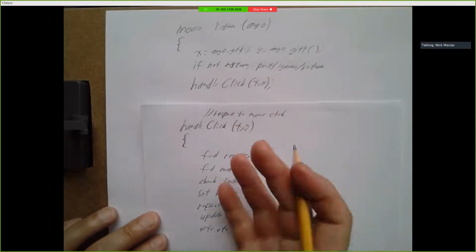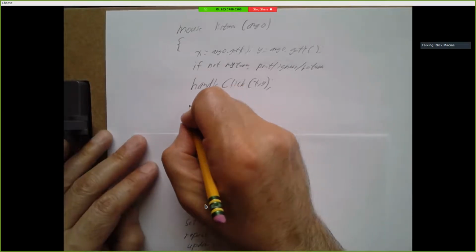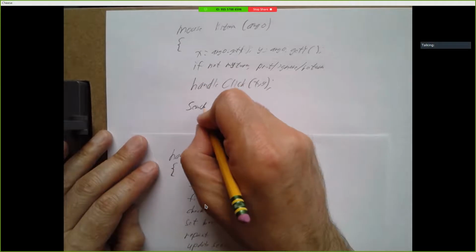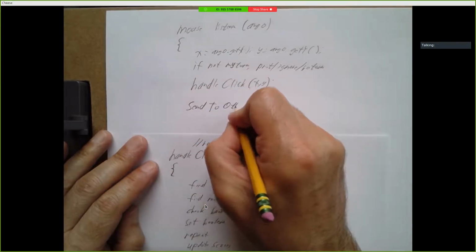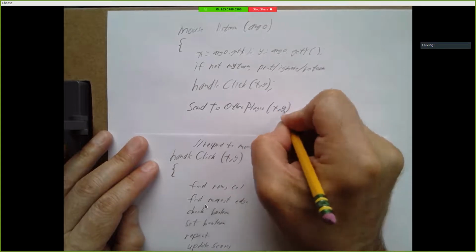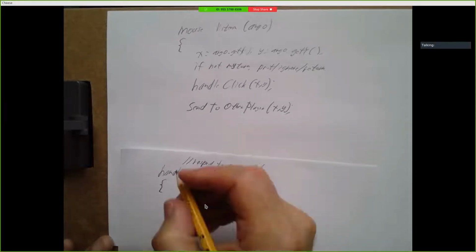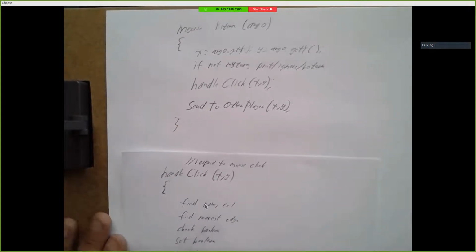Pass the XY coordinates to this. It'll go ahead and figure out the row and column with the nearest edges, check the proper Boolean and the proper element in your array of boxes, and so on and so forth. And then call a method send to other player x comma y, and get out of there.